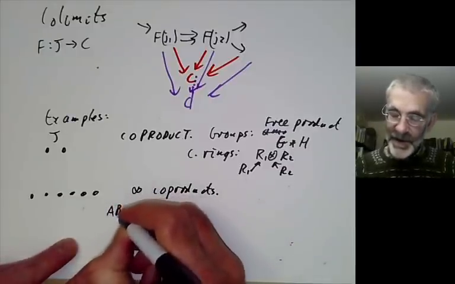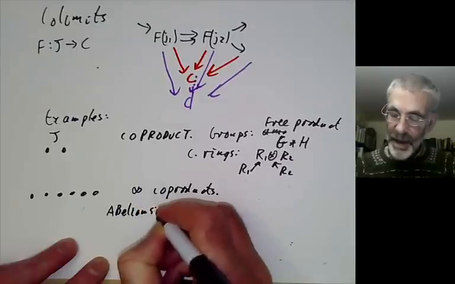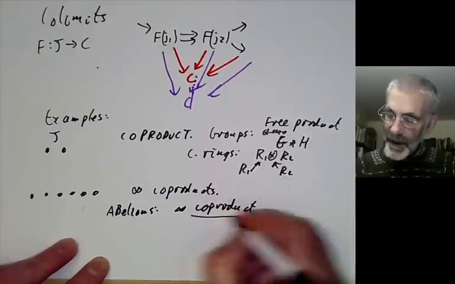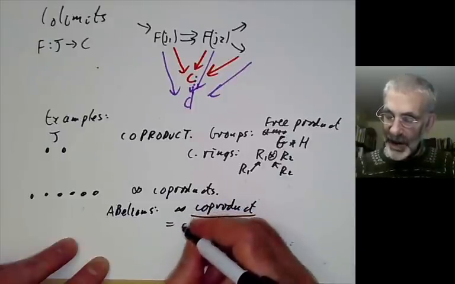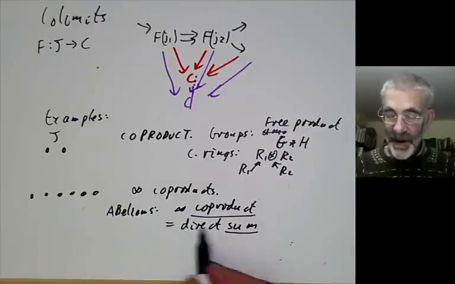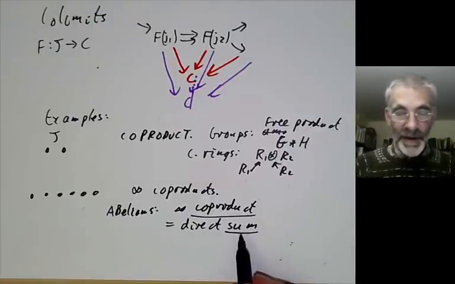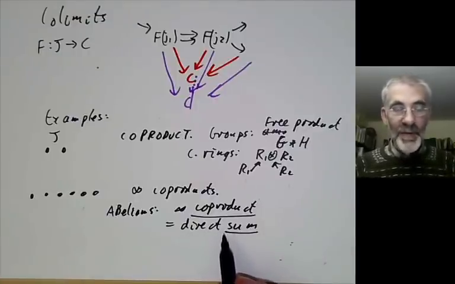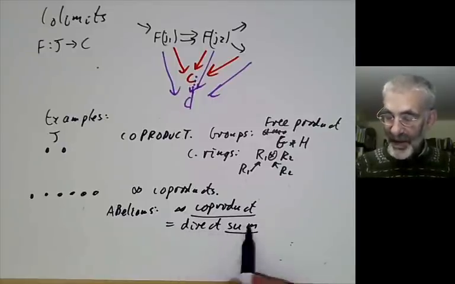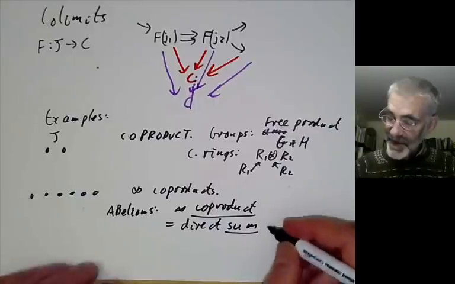So let's look at abelian groups. The infinite coproduct is sometimes called the direct sum. It's a subgroup of the product consisting of all elements of the product such that almost all elements are zero.